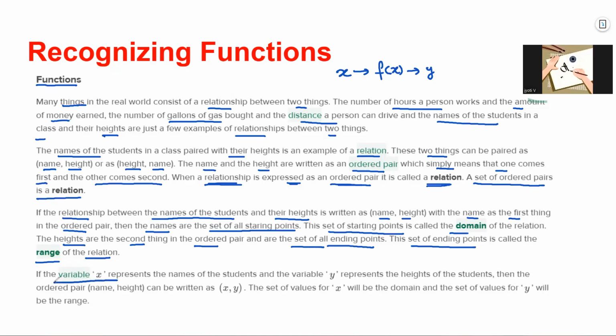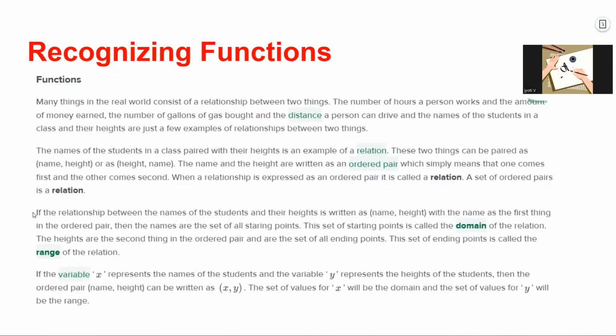If a variable x represents names of students, and the variable y represents heights of students, then the ordered pair (name, height) can be written as (x, y), just like a coordinate in the Cartesian plane. The set of values of x is the domain, and the set of values of y is the range. So that is a quick read about a relation.